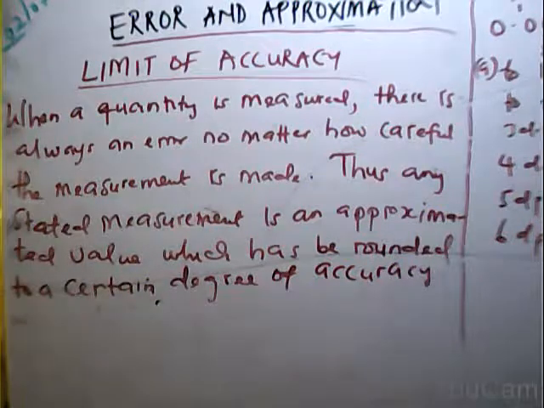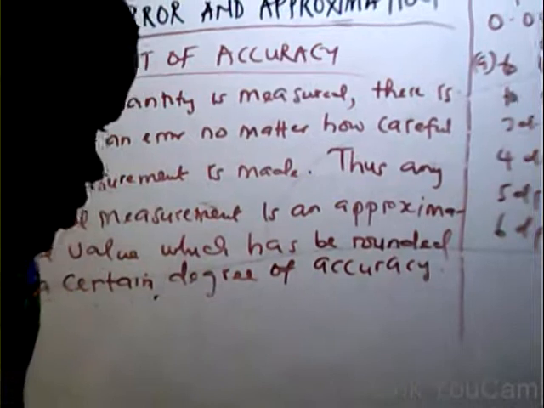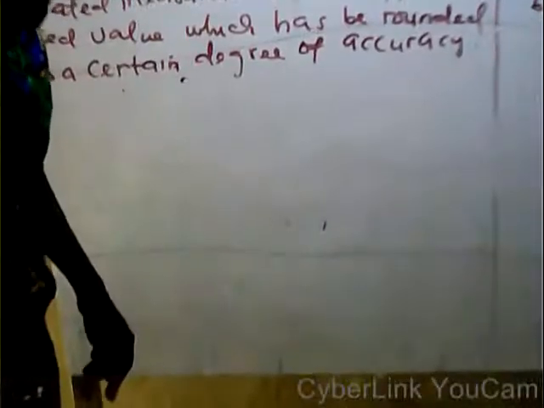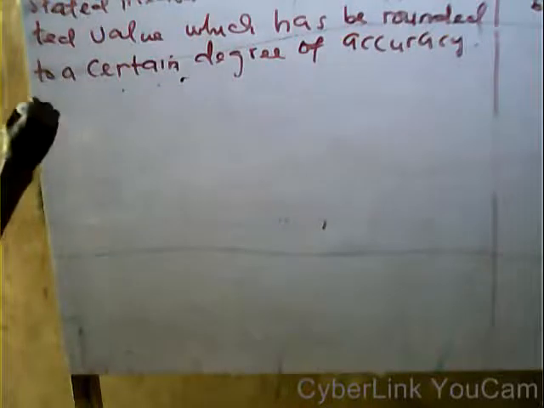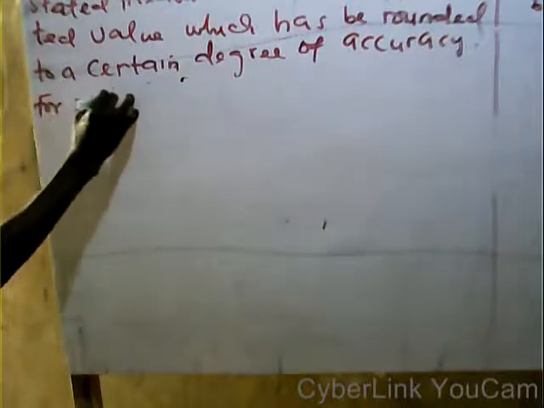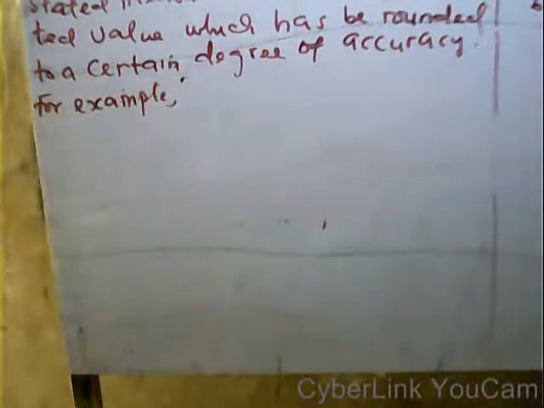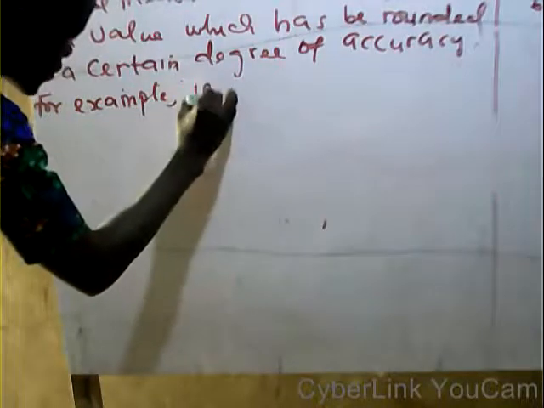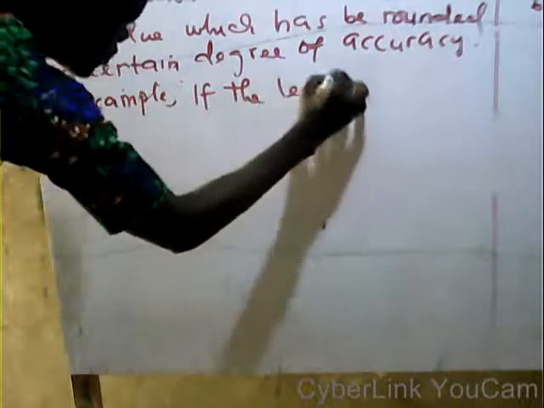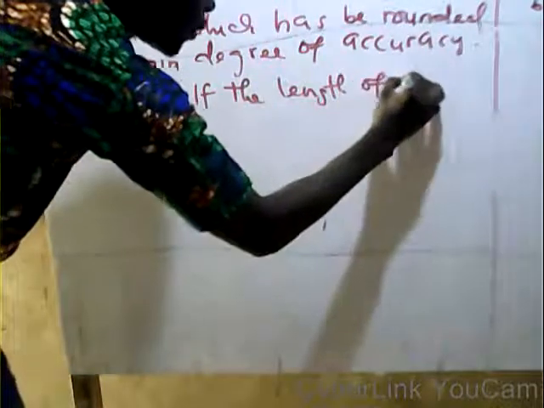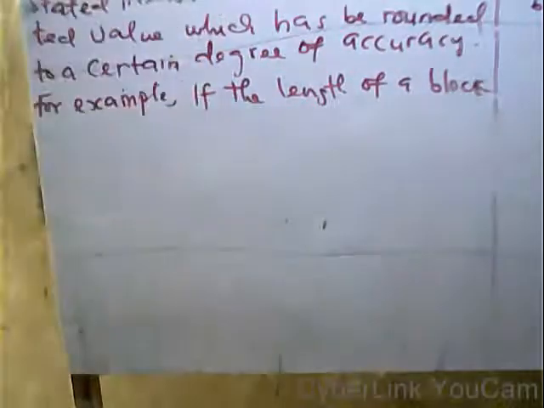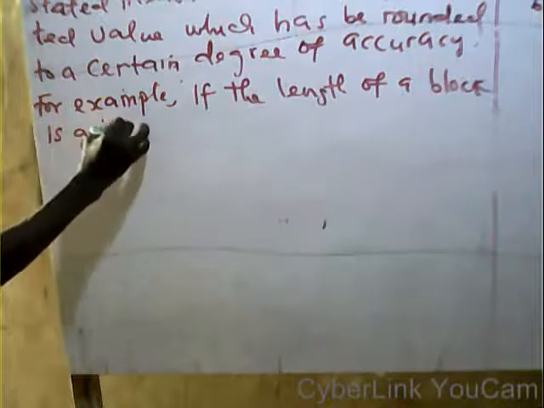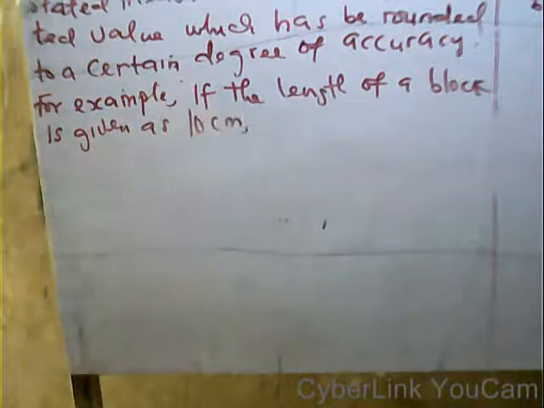For example, let's consider this. If the length of a block is given as 10 centimeter, the actual value of that length is not 10 centimeter.